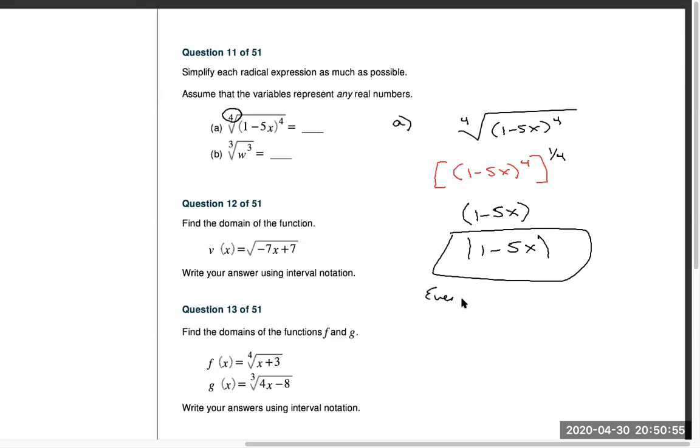Specifically, even roots, meaning that n is equal to an even number. Whatever you have inside the radicand, that part, when you take the root, is going to need to be absolute valued.